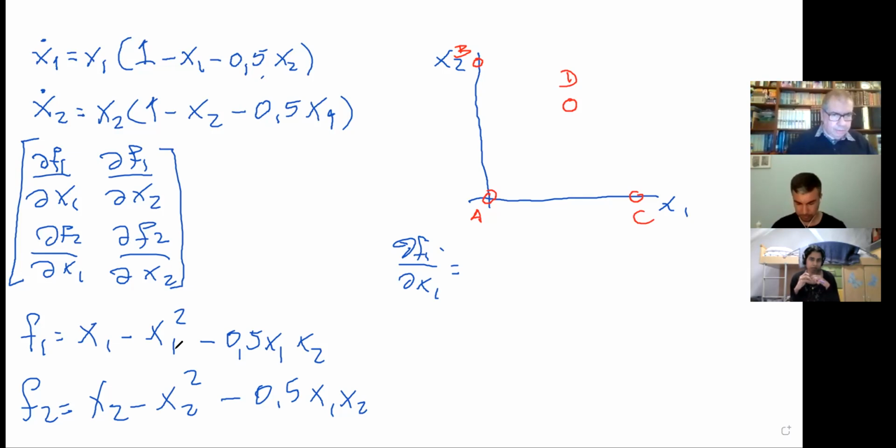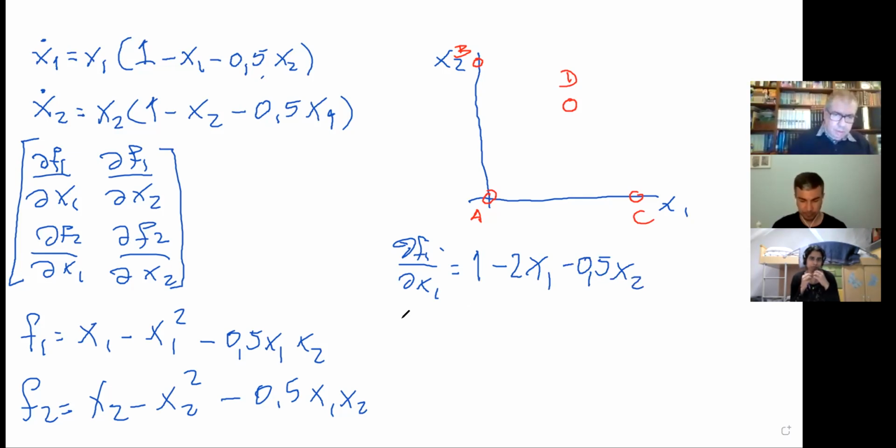You have three terms. The derivative of the first term, 1. Then the derivative of x1 squared, 2x1. And the derivative of the last term, minus 0.5 x2. Don't forget the minus.